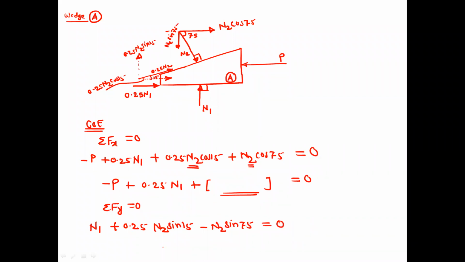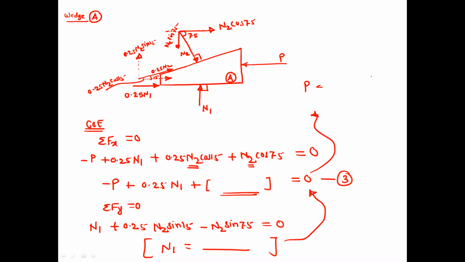So from this equation, you will get the value of N1 and then put this value of N1 in this equation. So assume this equation as 3. So put this in equation 3, you will get the answer for the force P. So this is your final answer. So get this value of N1 and the force P.